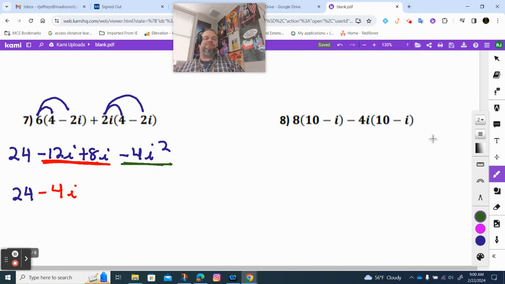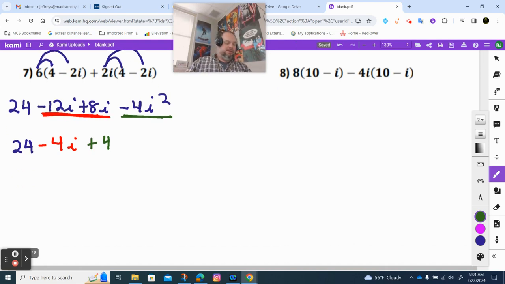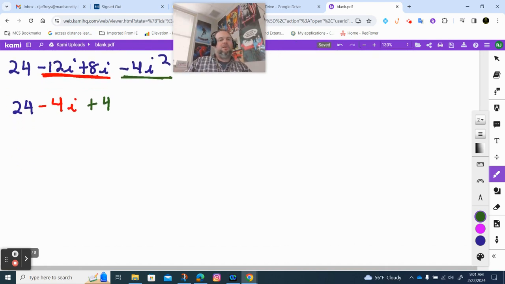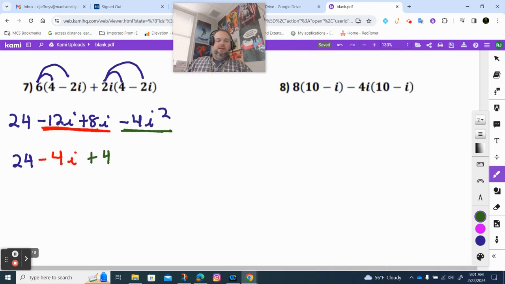What's going to happen to this minus 4i squared? What is it going to change to? Yes. Now we can combine those two terms. So 24 plus 4 is 28 minus 4i.